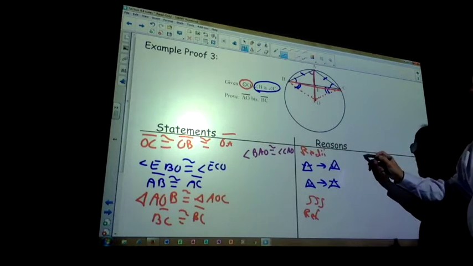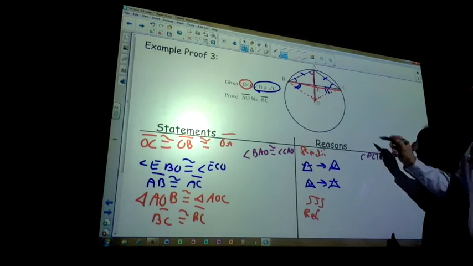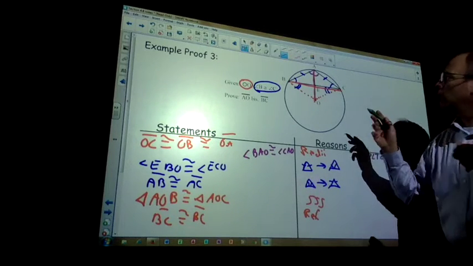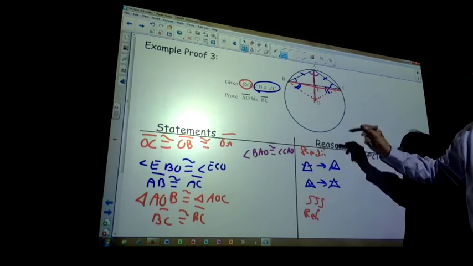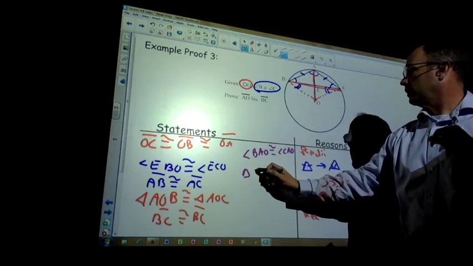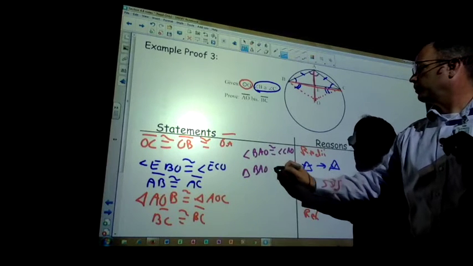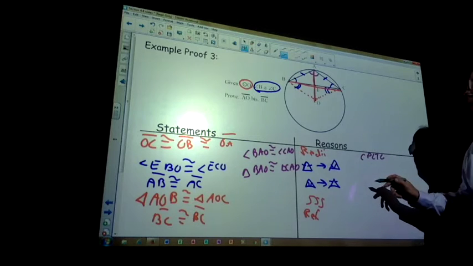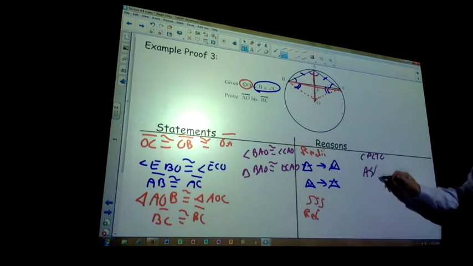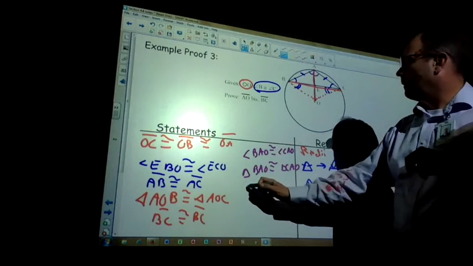And the reason I can say that is CPCTC. All right. What is this? That's angle side angle. There we go.